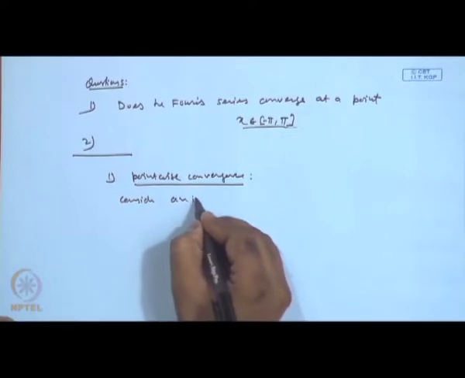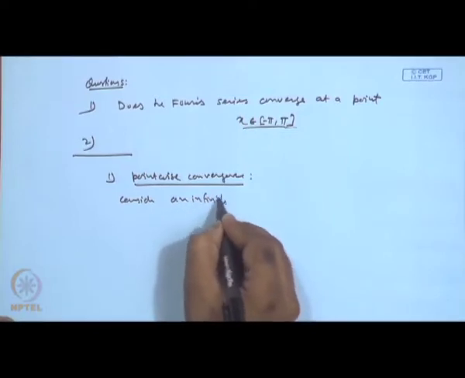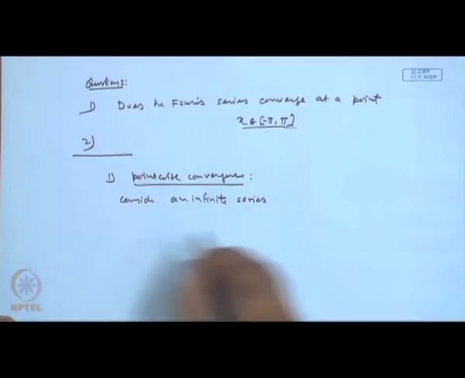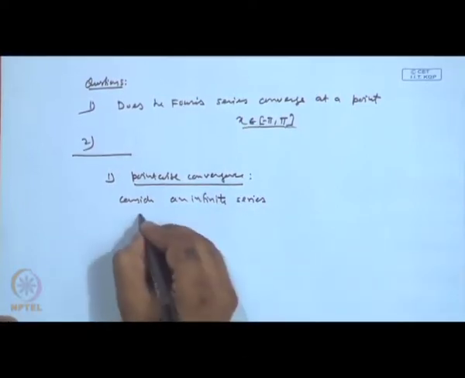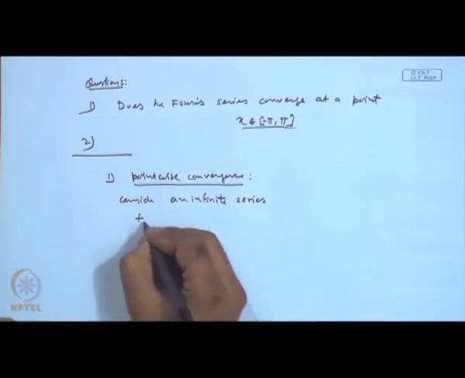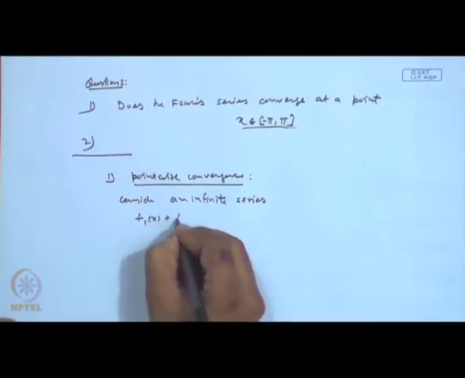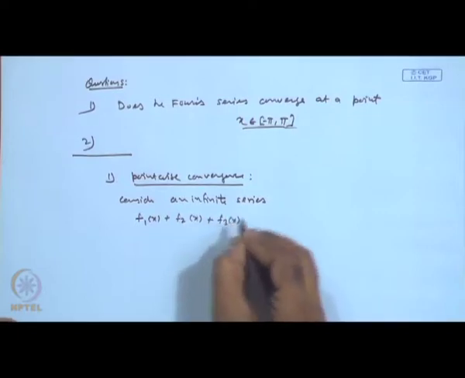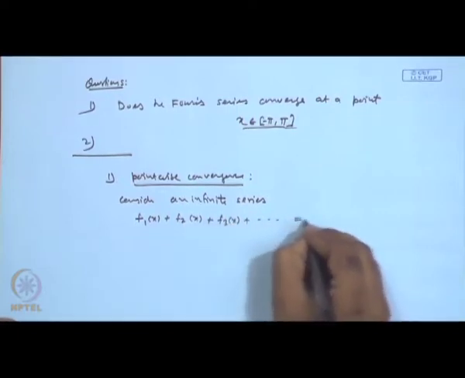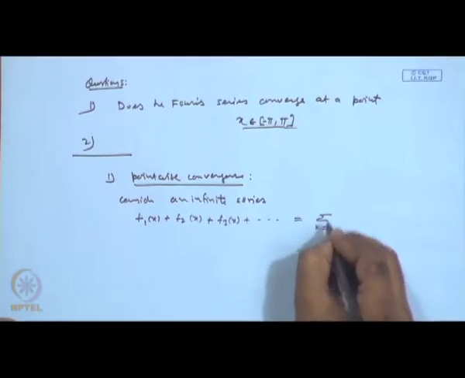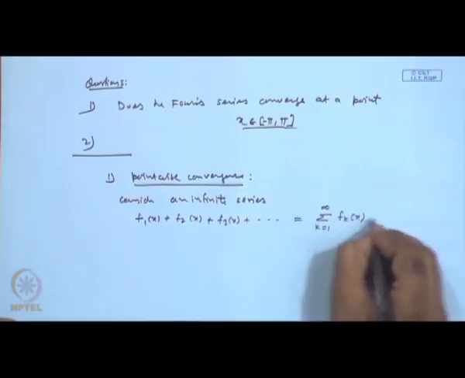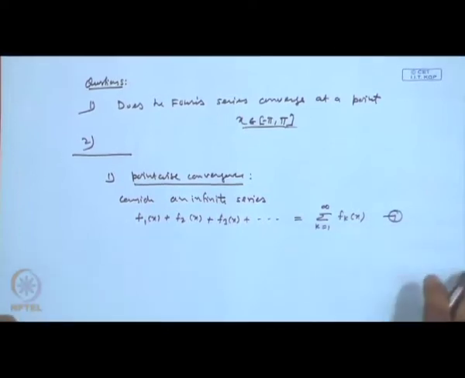Consider an infinite series f_1(x) + f_2(x) + f_3(x) and so on, or in summation form, the sum from k = 1 to infinity of f_k(x).